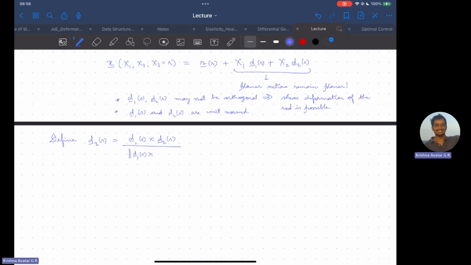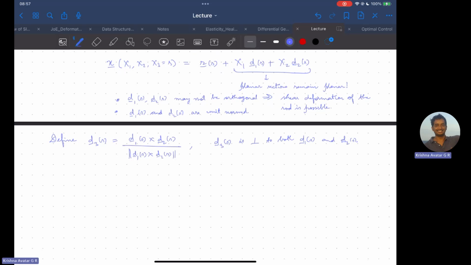I'm using the norm so that D3 is also unit normed. As is known from vector calculus, D3 is going to be perpendicular to both D1 of S and D2 of S.